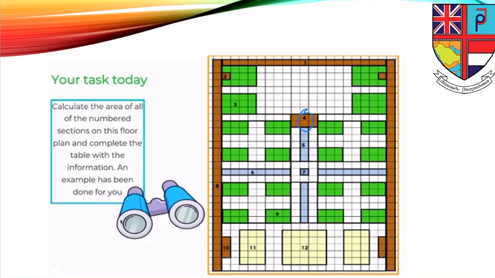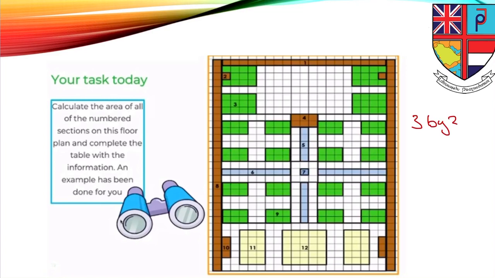So number 4 is this shape here. To find the area of number 4, it's just the brown squares. So I know I'm going to count across. We've got 1, 2, 3 across and 1, 2 down.